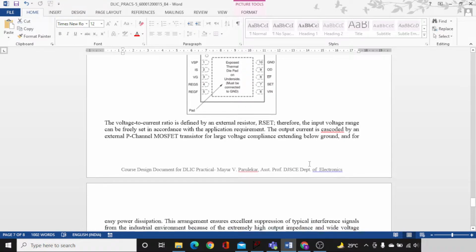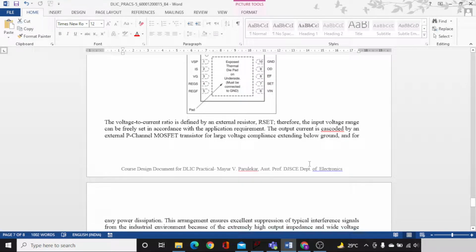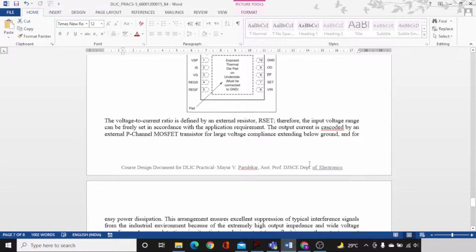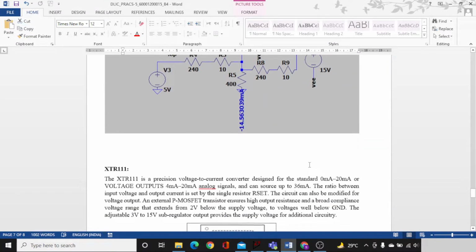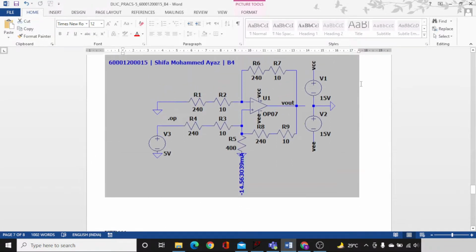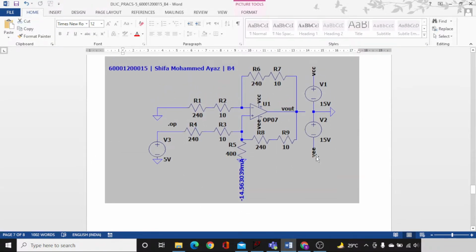Since the values of resistance have to be very precise, this IC is used to get very high and accurate values of current. So that's the reason you need to have an IC in this case. It's very hard to practically implement such circuits.